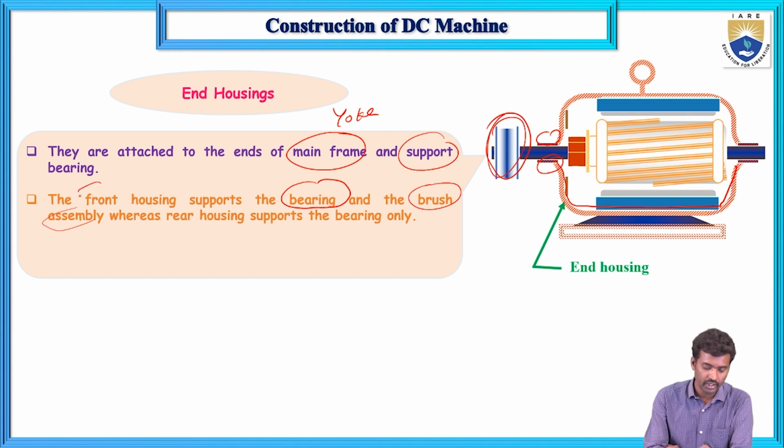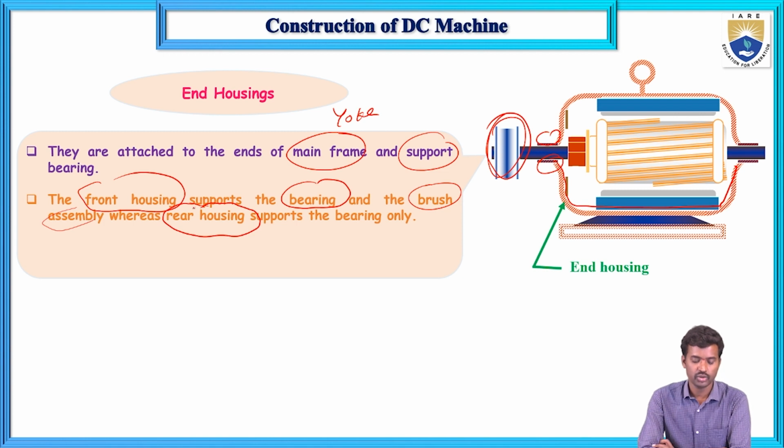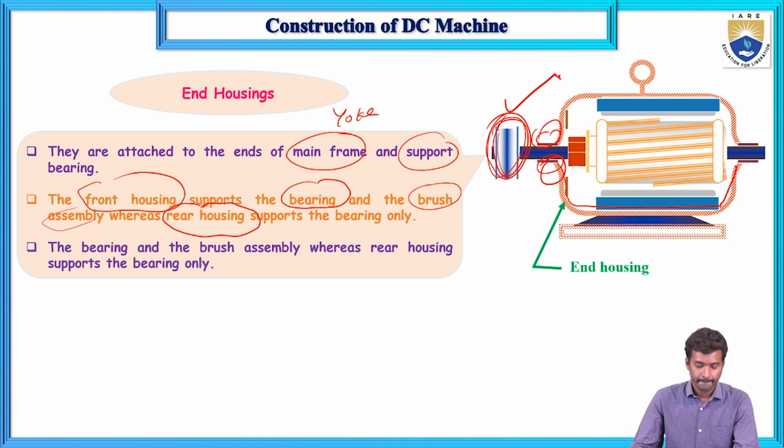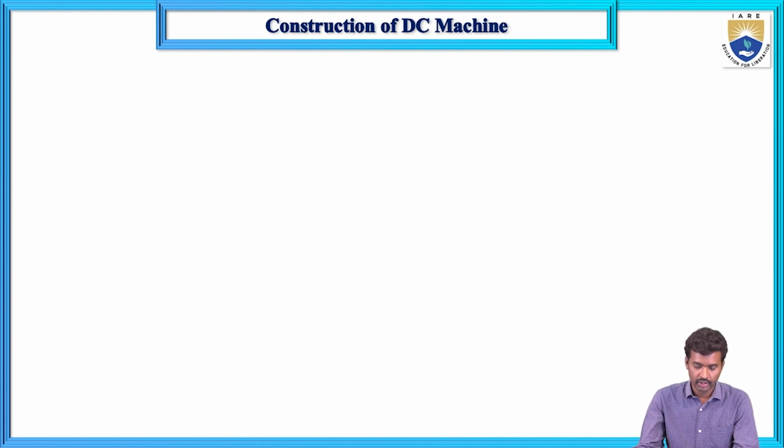So there are two parts, front housing and rear housing. The front housing is for brushes and bearings, and the rear housing is for bearings only.